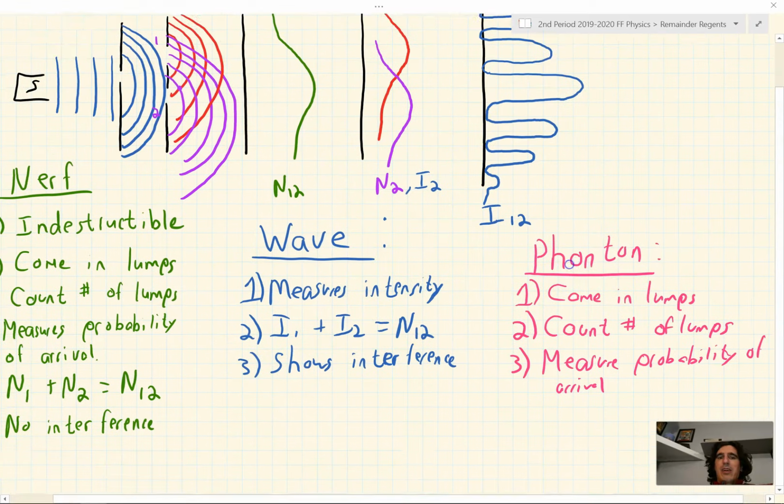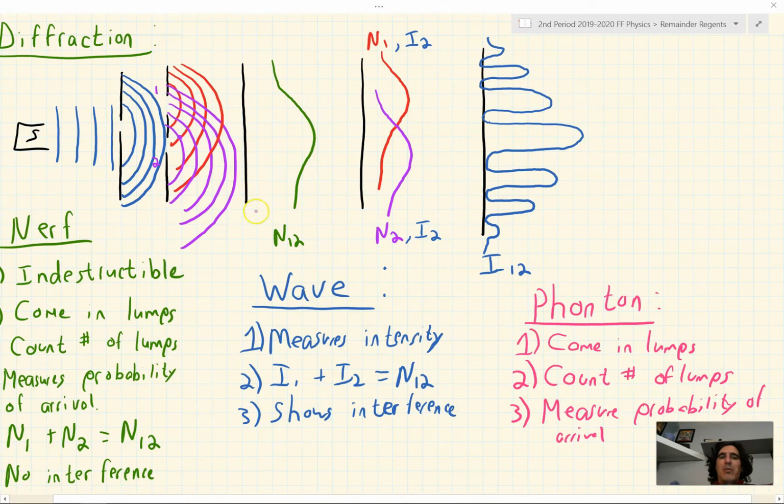If we counted all the photons that hit the wall, we could get a probability of how many are going to hit each spot along the wall.